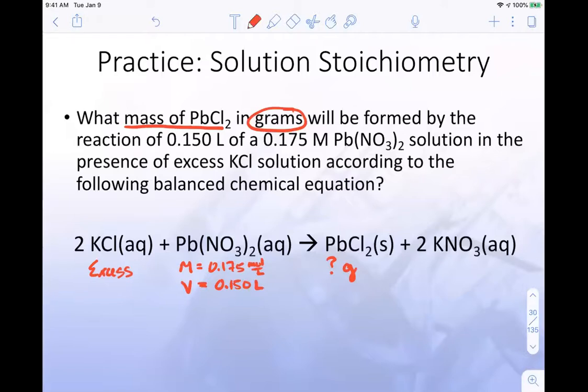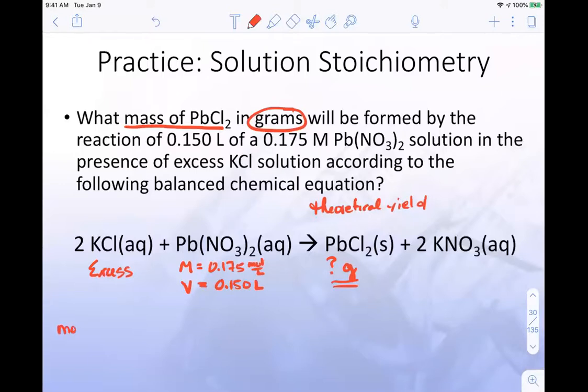So based on this knowledge, how can I figure out the amount of lead 2 chloride in grams that will be formed? Basically, I'm looking for the theoretical yield. So let's start.